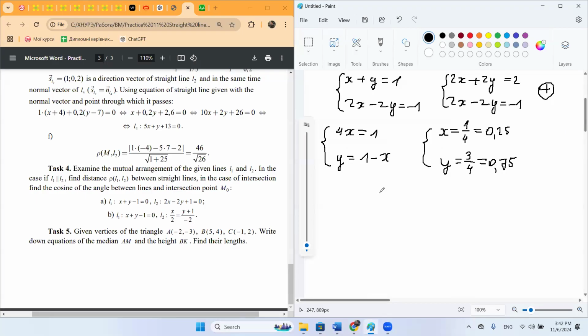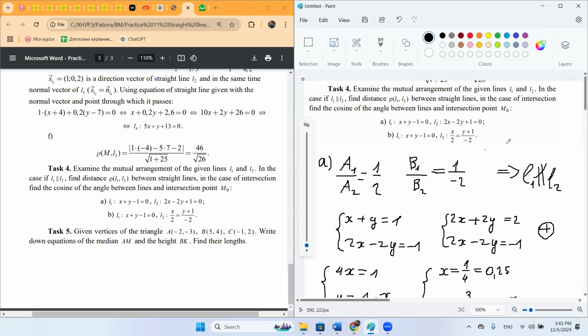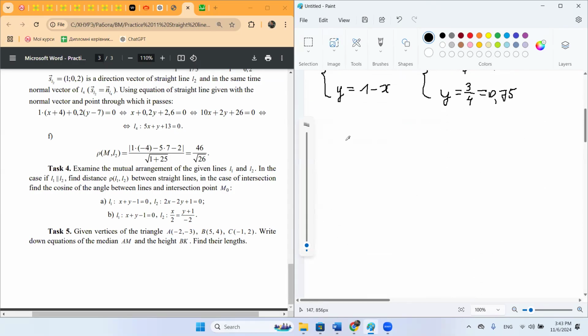Okay, we have normal vectors. We know normal vectors for these straight lines. To find the cosine of the angle between lines, we need to find the cosine between their normal vectors. And how to find the angle between vectors generally? Well, you remember it from vector algebra.